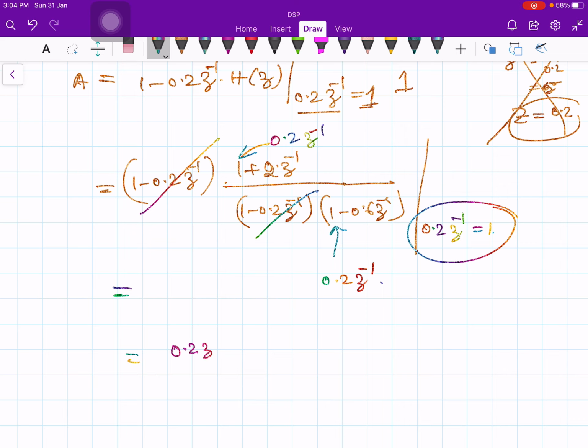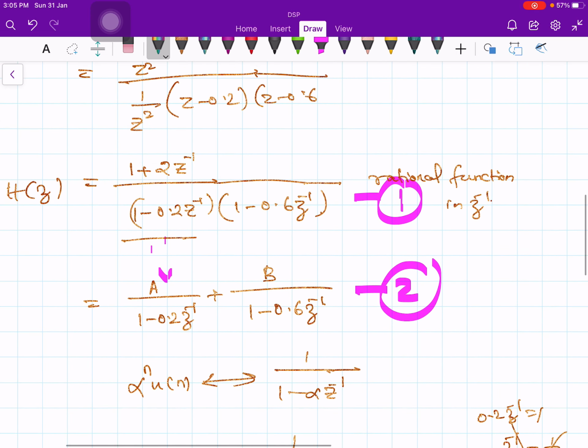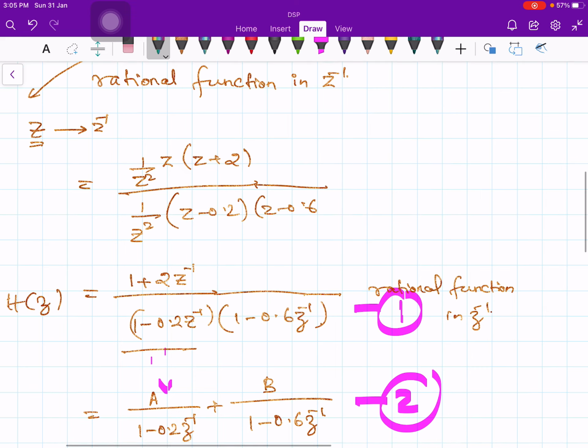Therefore this is equal to 0.2 z inverse plus 2 times z inverse in the numerator, and in the denominator for this one you substitute 0.2 z inverse minus 0.6 z inverse. So is it minus or plus? It is 1 plus. Why did I make a mistake?